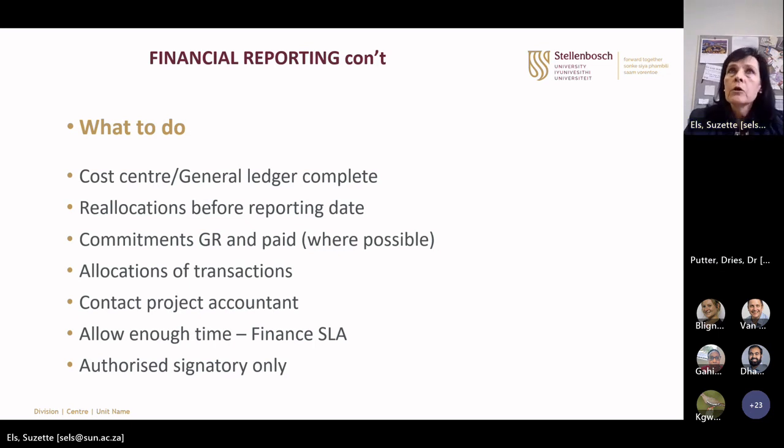Not all of them have a limit on the ICRR, because obviously the indirect cost is very important for the sustainability of our institution. But they do sometimes allow only a limited percentage. You have to formally apply. There's an application form for that.